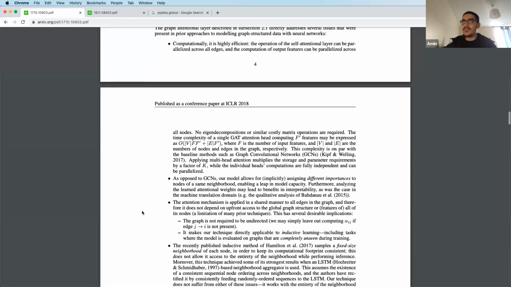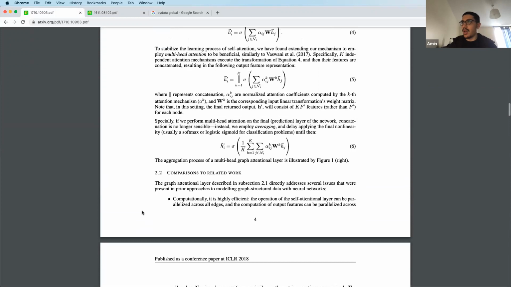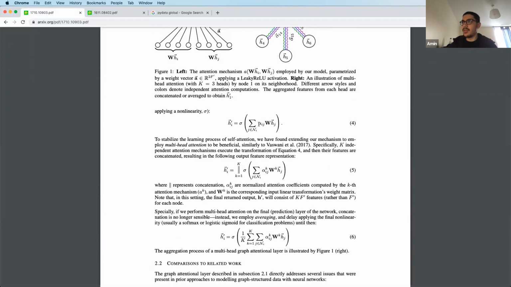So which property, we talked about localization, we talked about a fixed number of parameters. As I just described, the weighting of the neighbors is learned, and so assigning importances to neighbors is another property which is satisfied here.